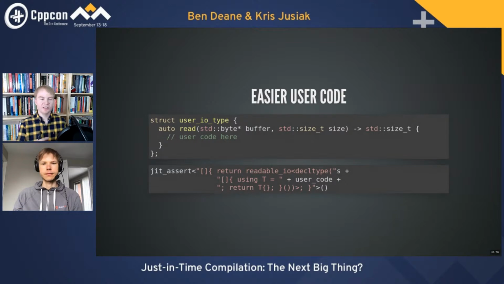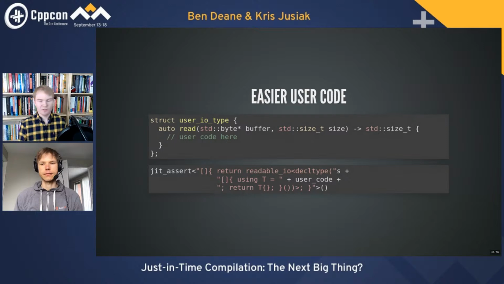And inside that Lambda, all we're going to do is a using declaration for the type that was passed in, and then return that type. And one of the assumptions here is that we can default construct it. Maybe there are ways that we could get around that assumption, but for the purposes of this talk, we're going to assume default construction.